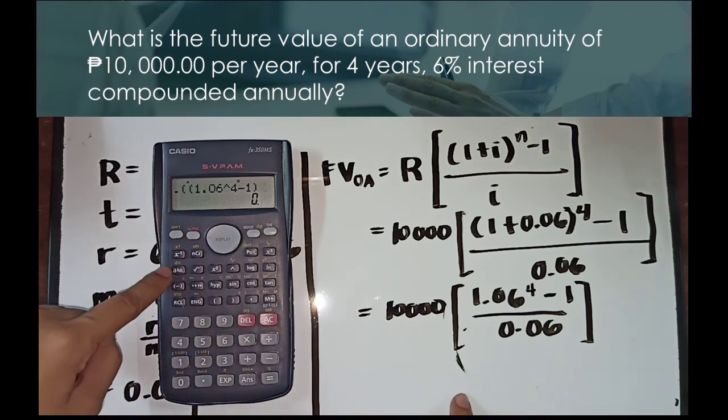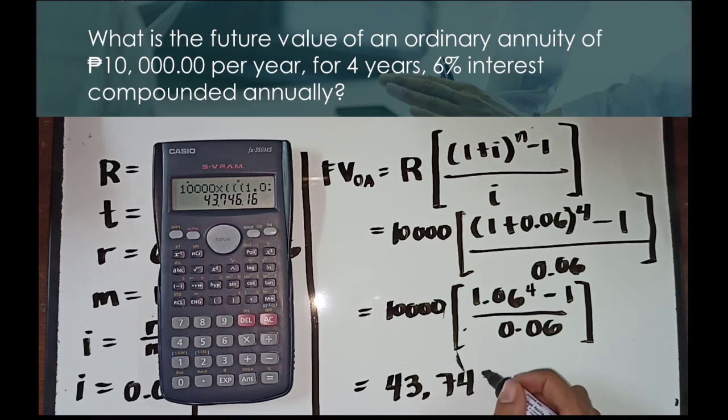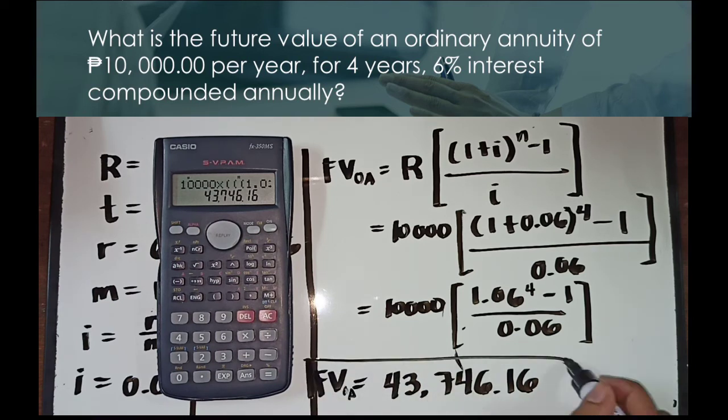Over 0.06, then parenthesis. So that is equal to 43,746.16. Again, the future value of an ordinary annuity is 43,746.16 pesos.